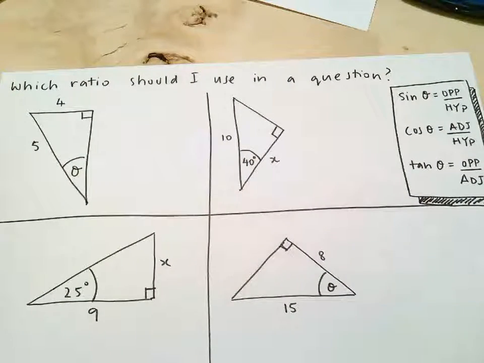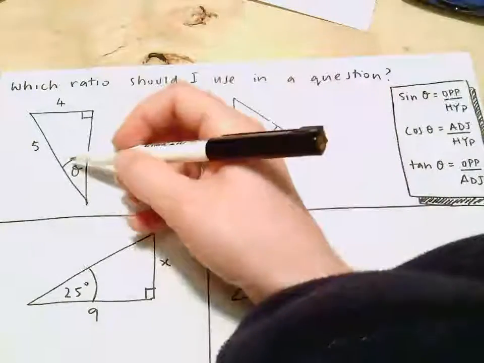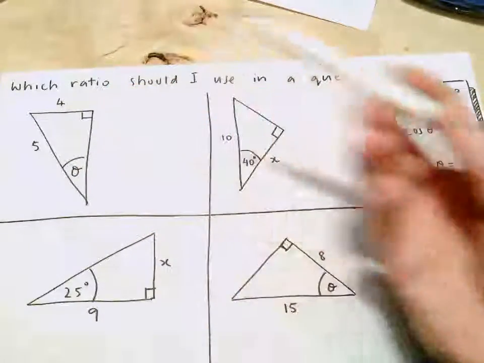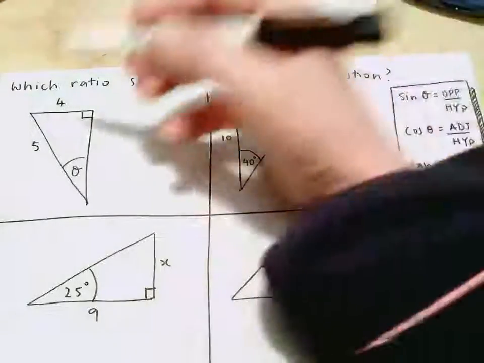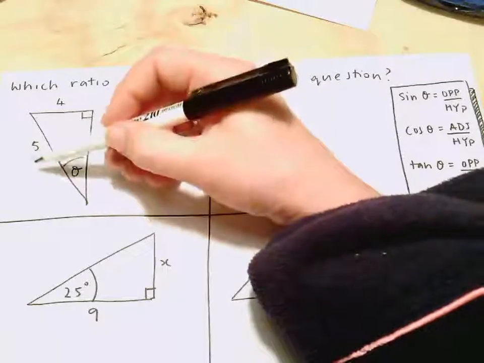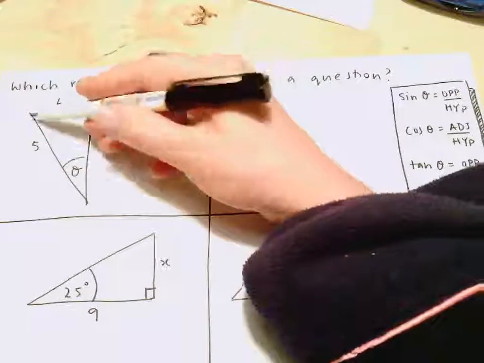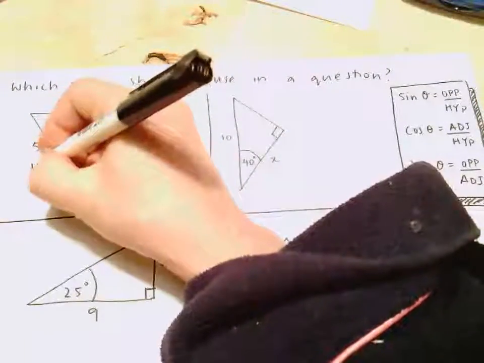To work that out, you need to look at what sides are involved. We know that we're using one of these ratios because we've got an angle involved and two sides, but which ratio do we use? The first thing you must do is label the sides that you're given. I'm given these two sides. The side that's got a length of 5, I can see that that's my hypotenuse.